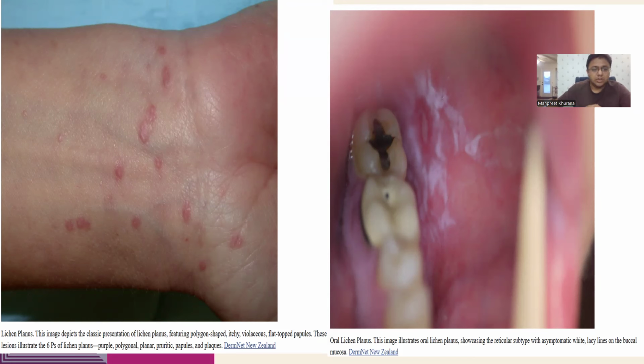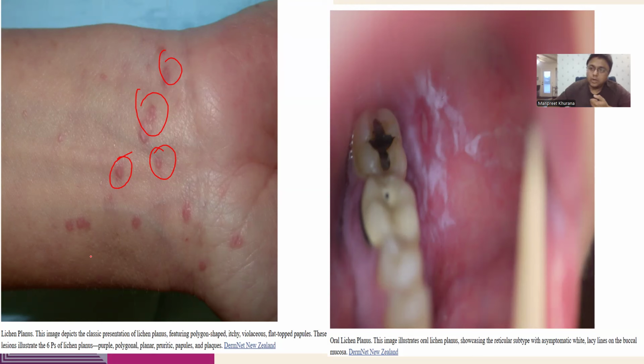Now, this image on the left side depicts a classic presentation of lichen planus featuring polygon-shaped, itchy, violaceous, flat-topped papules. So if you see, these are the flat-topped violaceous papules. We'll discuss in detail what a macule is and what a papule is. The lesion illustrates the 6 P's of lichen planus.